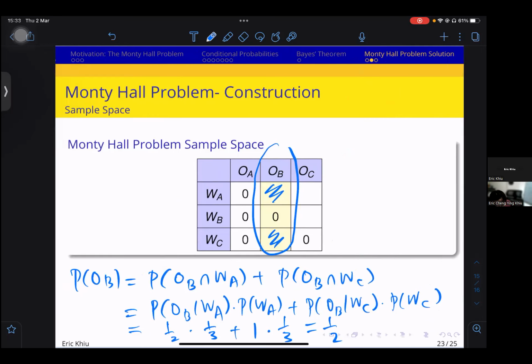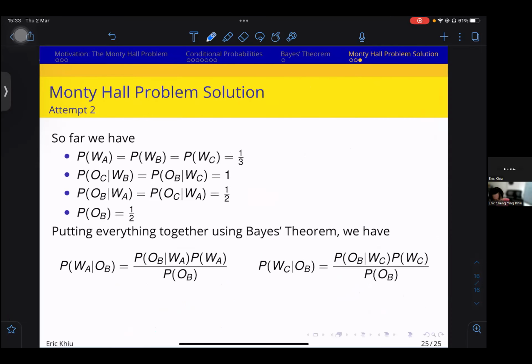Very nice. So now we have all the information that we need. We just need to plug into our formula and compare which one is bigger and which one is smaller. So I'm just going to quickly compute this. OB given WA is 1/2. WA is 1/3. OB is 1/2. So this and that cancel. This will be 1/3.